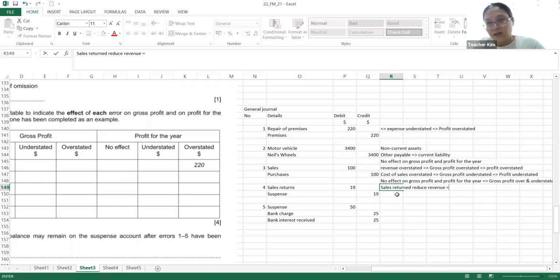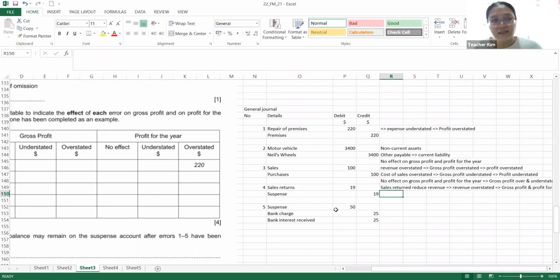But because we omitted to record this sales return, our sales or our revenue is overstated. When revenue is overstated, gross profit and profit for the year will be overstated.